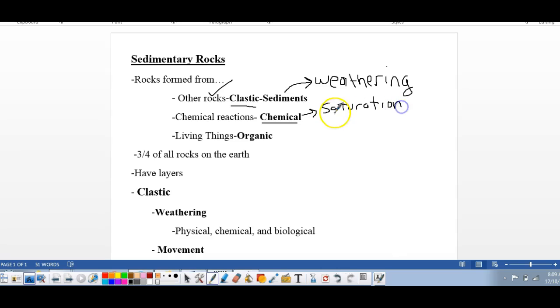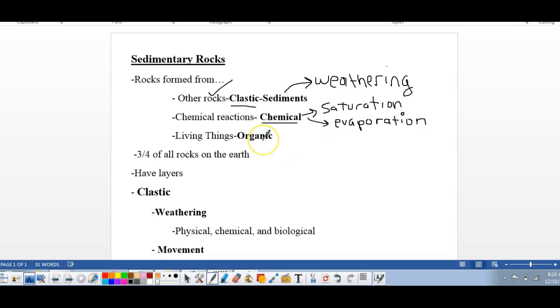Also, another process, kind of the opposite, can be evaporation. And these are often called evaporites. The water has minerals in it, but for some reason it gets evaporated away. The minerals do not evaporate away, and it forms a chemical sedimentary rock.